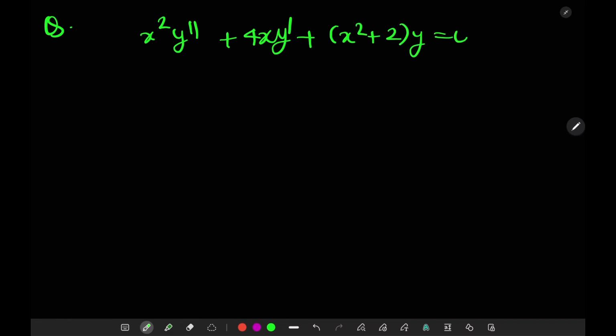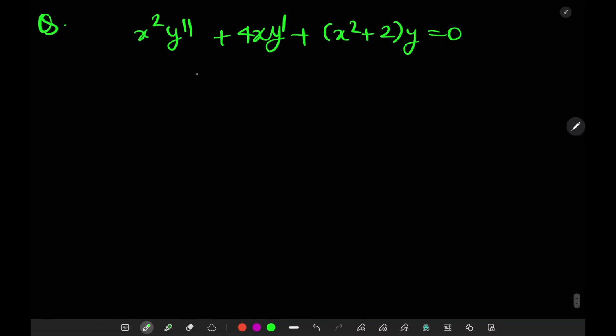Now let's do another question. If this is a given equation, similarly we use here y dash and y double dash value and put in this equation.